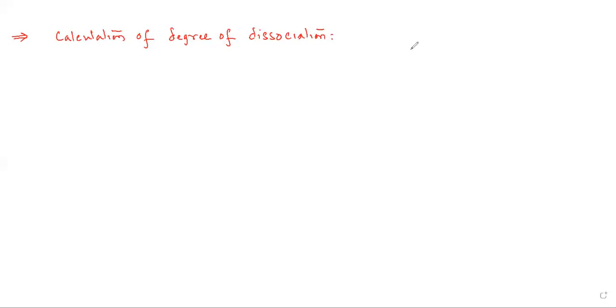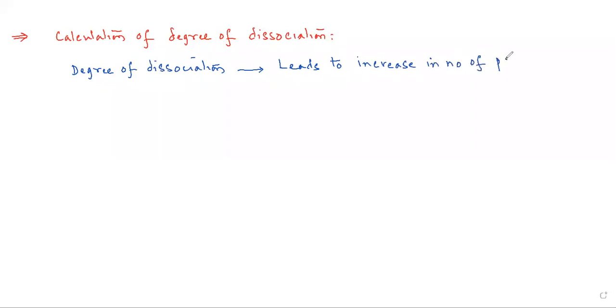Now, see, first of all, degree of dissociation, in fact, leads to an increase in the number of particles, right?